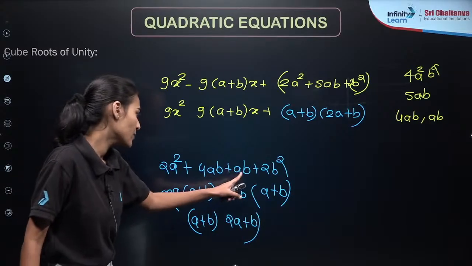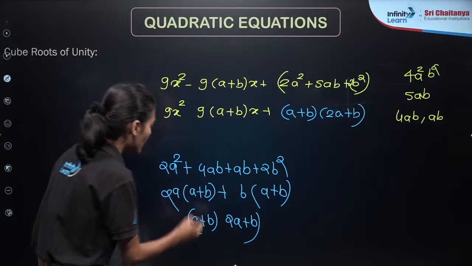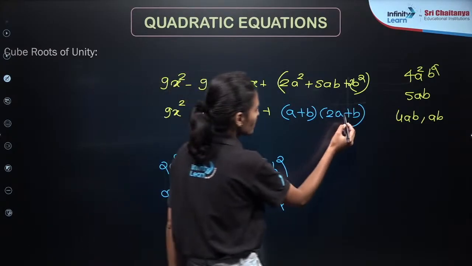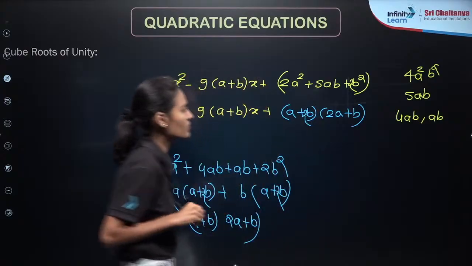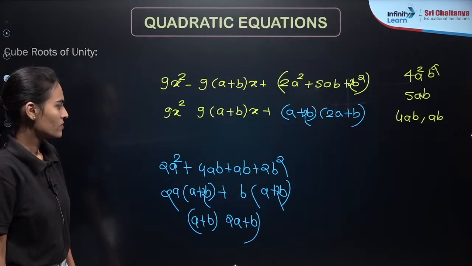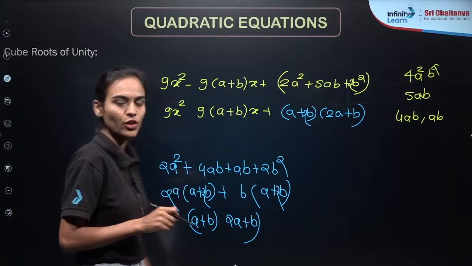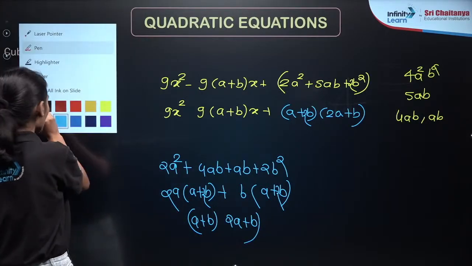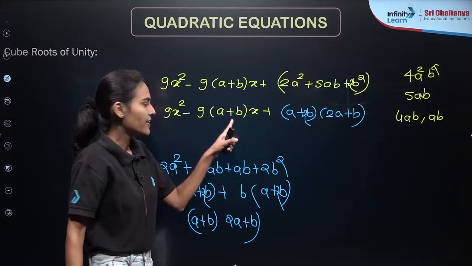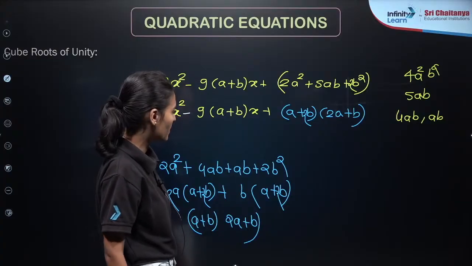So here if you take b common, you will get a plus 2b, right? You are getting a plus 2b inside. Now here what you want? Now here you want your addition to be minus 9 times a plus b and multiplication to be a plus 2b and 2a plus b.